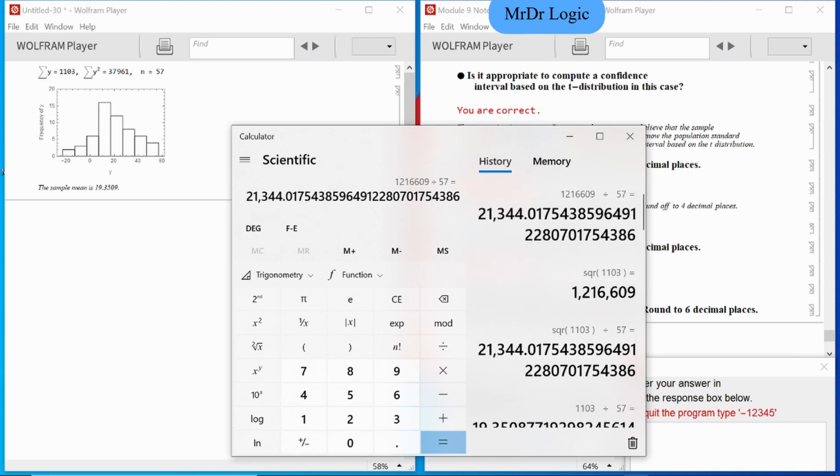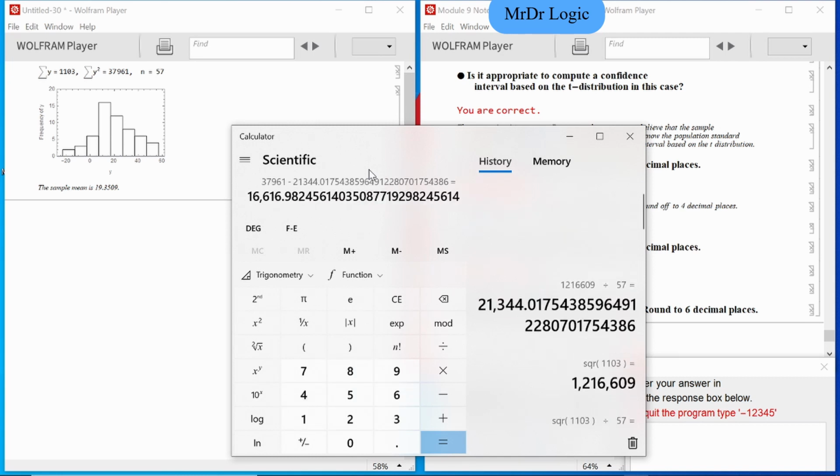Now we gotta subtract this whole thing by 3761 minus 21344.01. And then we square root the whole thing.